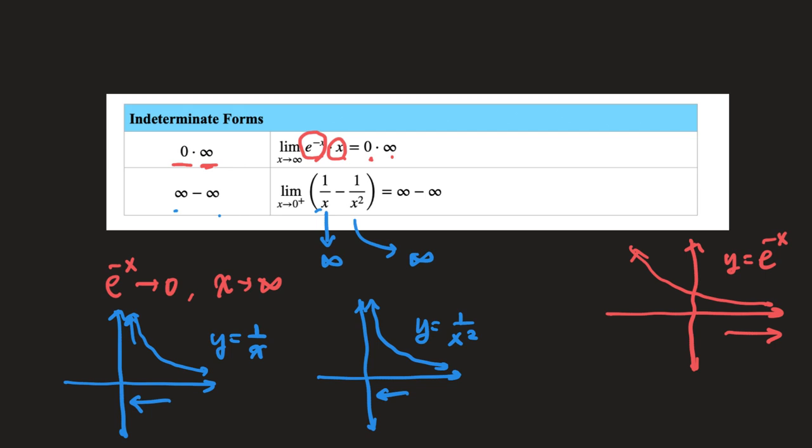So guys, really pay attention to the next two examples. Now let's have an example for 0 times infinity.